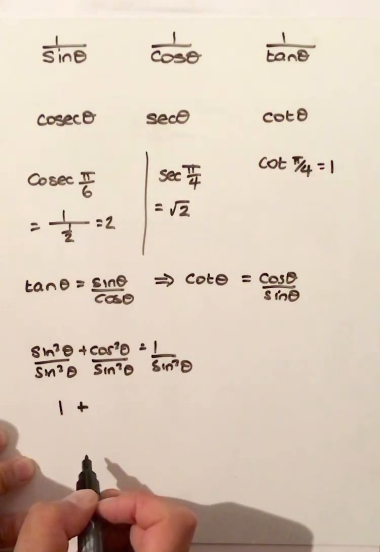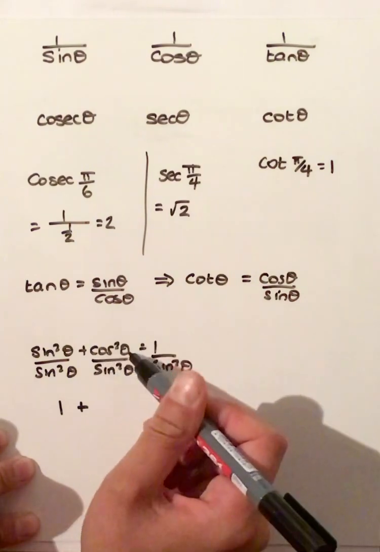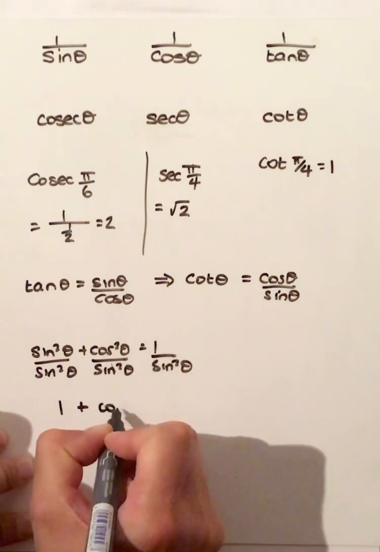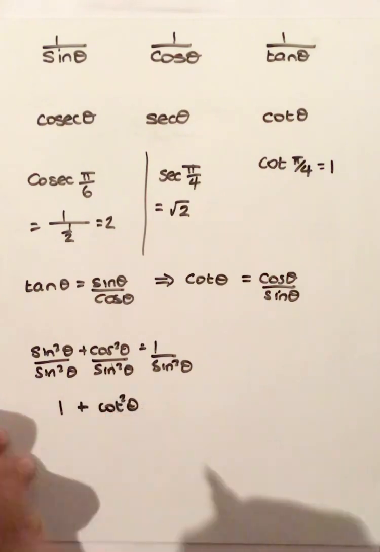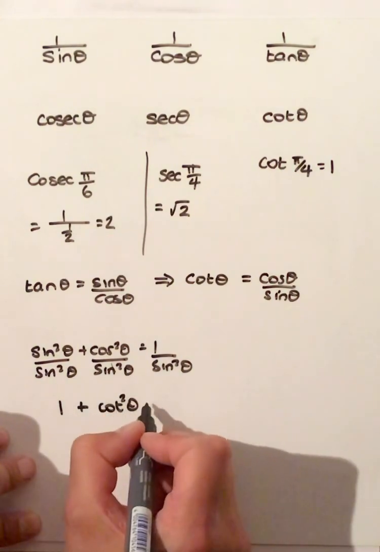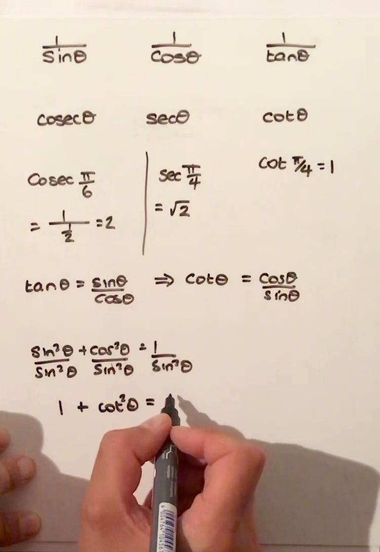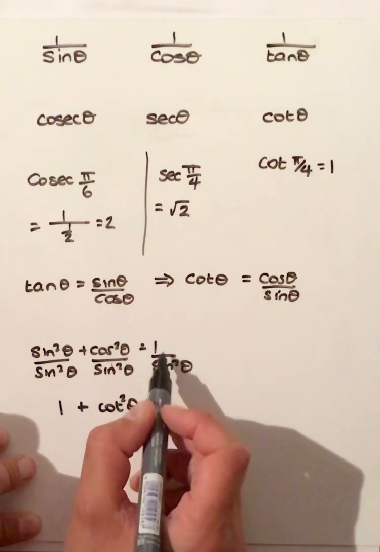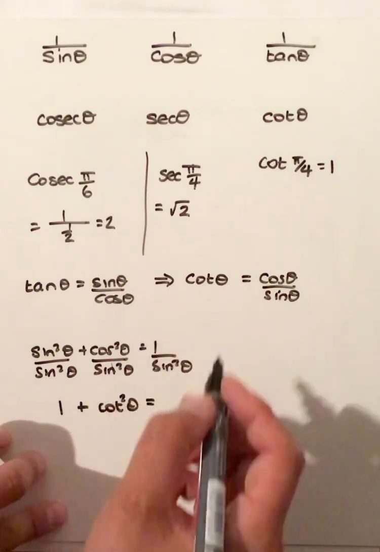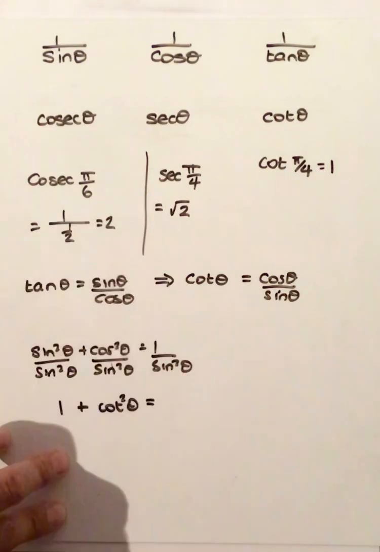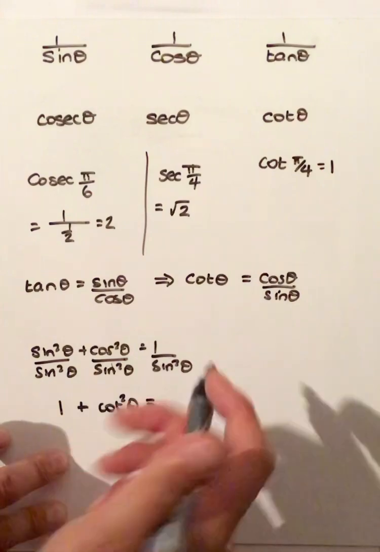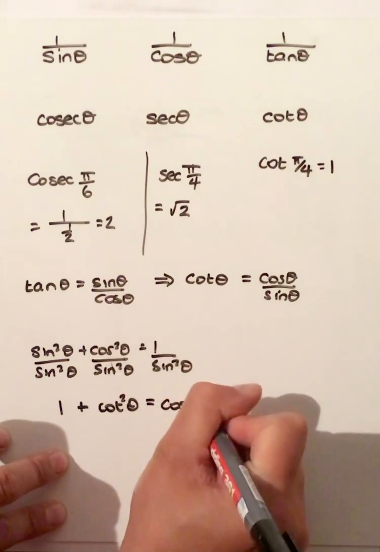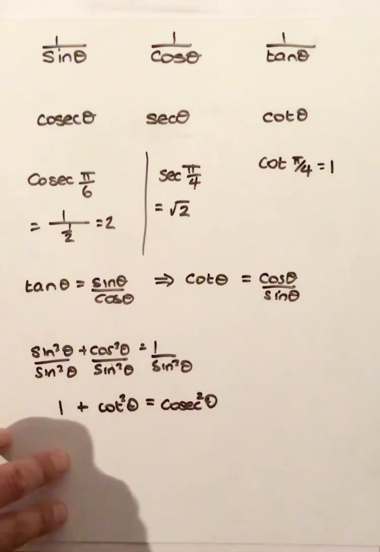Cos squared over sine squared, that's the same as cos theta over sine theta all squared. So that's cot squared theta. And then 1 over sine squared theta, that's 1 over sine theta all squared. So that would be cosec squared theta, cosec of theta all squared.